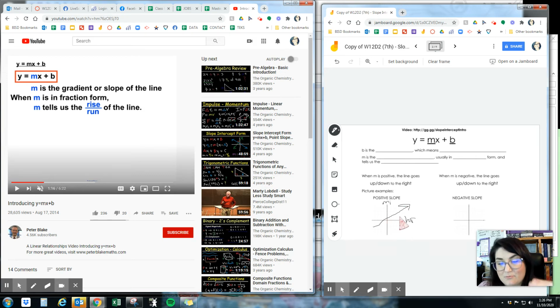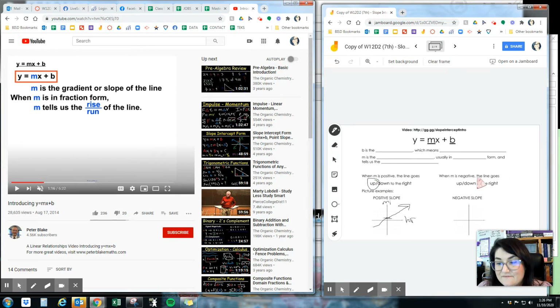When I wake up in the morning at 0 hours, I've already traveled this many miles right here. So my y-intercept would be that value when x is 0, 0 hours. As my hours increase, the number of miles increases also, because as I'm traveling, my miles are also increasing. So your line is going up to the right.